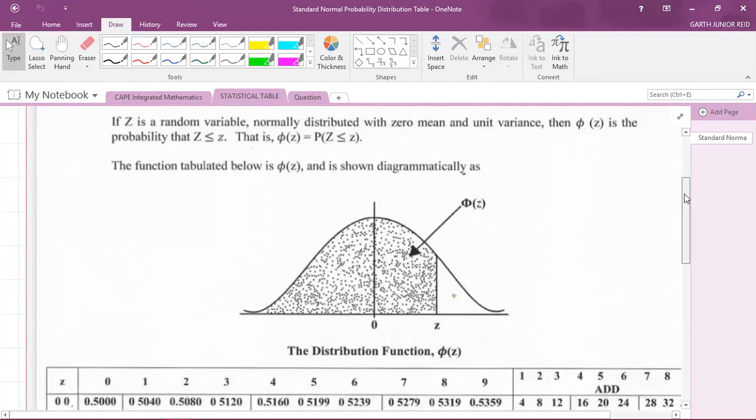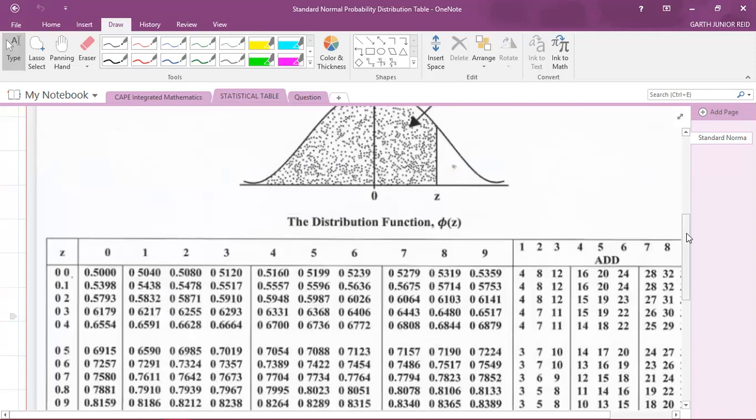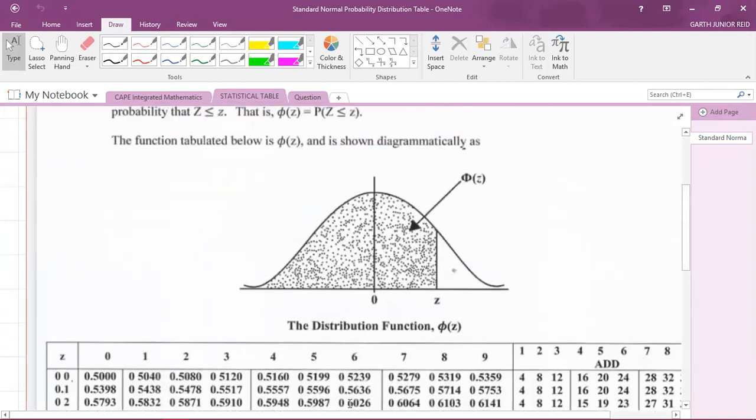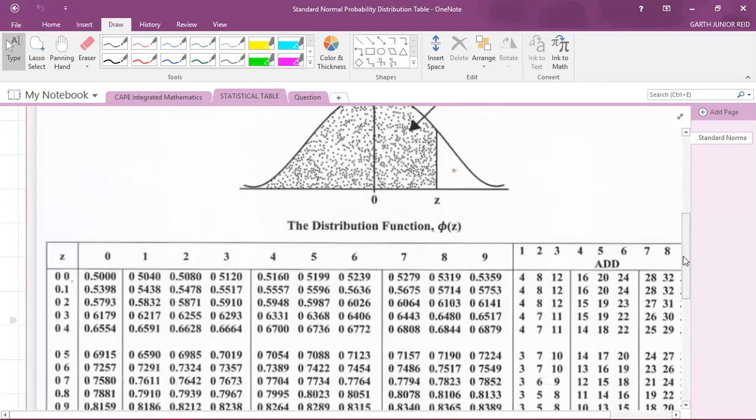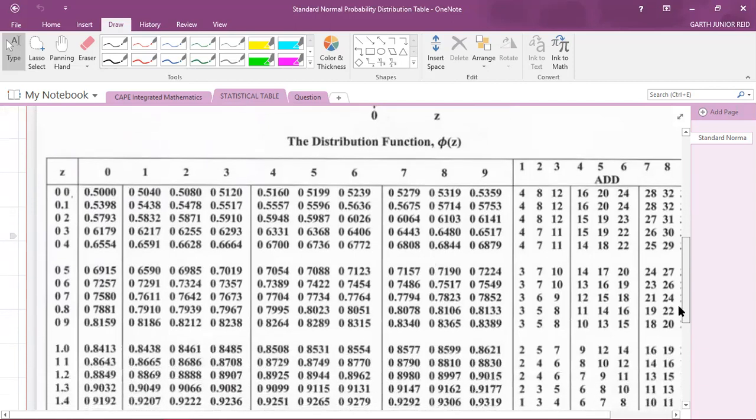So we have to read this table according to the shading. The probabilities here give us the area under the curve that is to the left of the Z value. I want 2.09 as my Z value here, and I want the area to the left of it, or the probability.